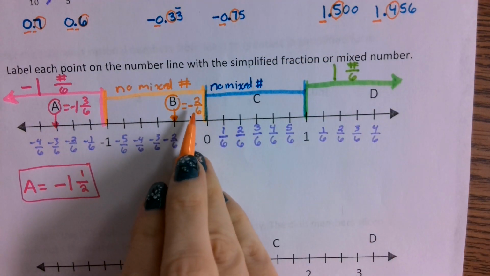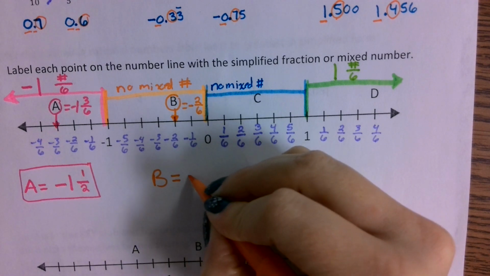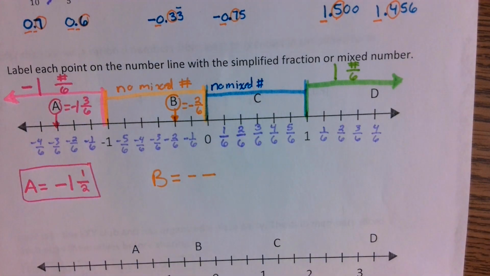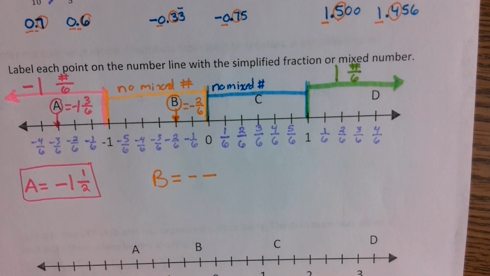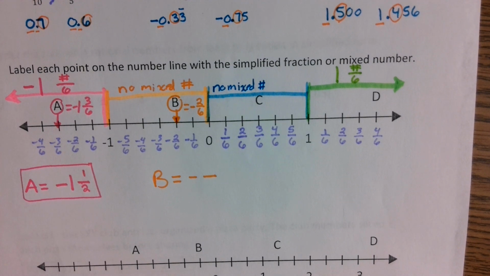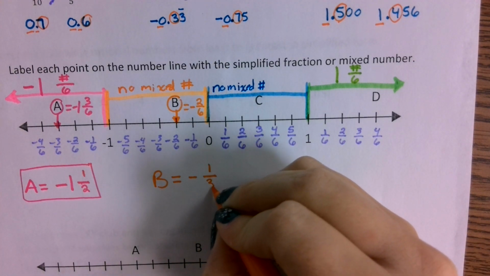So I want you to type negative 2 over 6 and tell me, can that be simplified any further? Type it into your calculator, negative 2 over 6, and hit enter. What does that simplify to? Negative 1/3. So B is at the point negative 1 over 3.